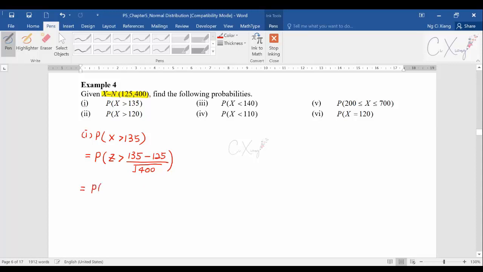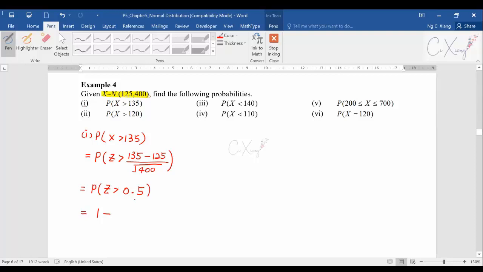If you press the calculator, the value that you get for z is 0.5. So z greater than 0.5. How can you find the value for z greater than 0.5? You need to take 1 minus z smaller than 0.5. So you look for 0.5 on the table.